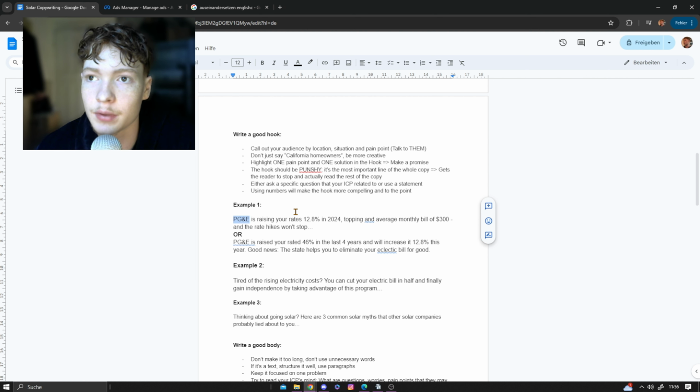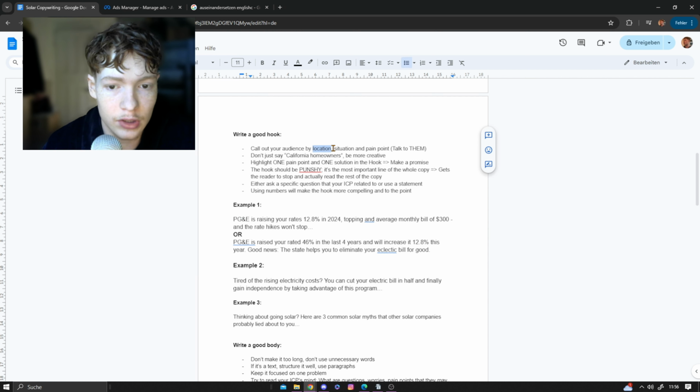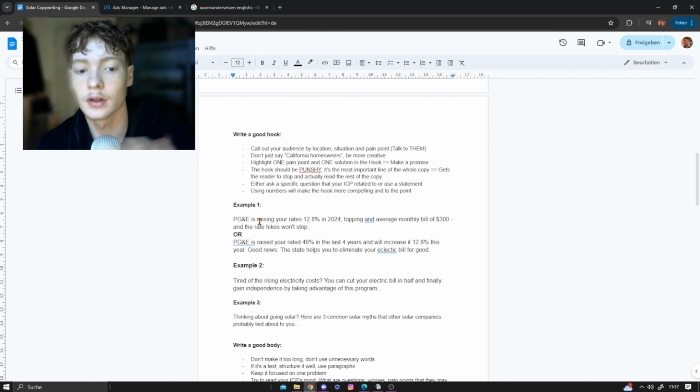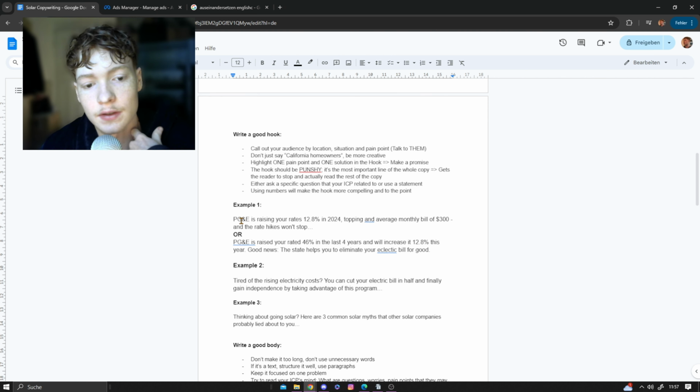So they will be automatically targeted by location, and even more, by their specific situation and pain point. The situation: PG&E is their utility bill. That's a personal situation, which makes this hook way more compelling to them.